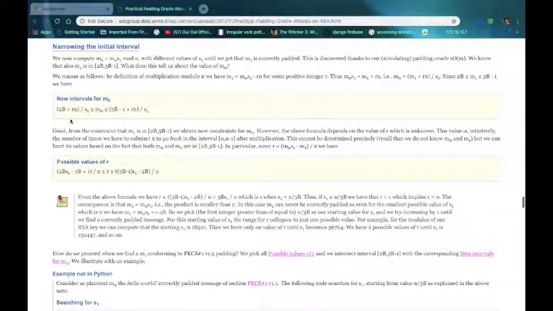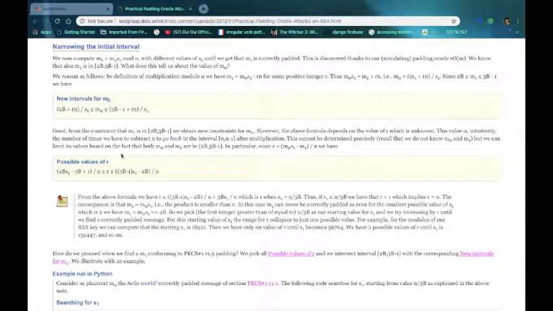But the problem here is that we do not know the value of r either. So we derive another interval in which the value of r might fall. This is done using the information that both m0 and m1 lie in 2B to 3B minus 1, and that r can be written in the form (m0 s1 minus m1) by n.